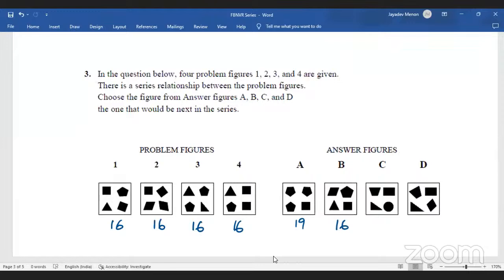In figure C, we have a circle. So it is not possible to count the sides here. Now option D, we have 3 quadrilaterals and 1 triangle. So the total number of sides will be 8. So the figure with 16 sides is option B.